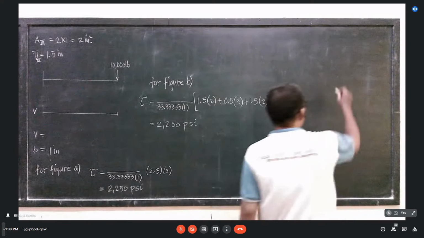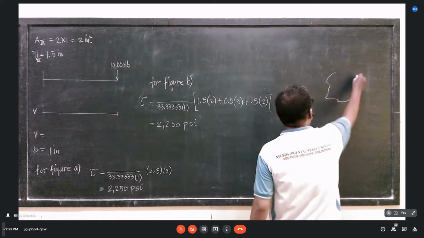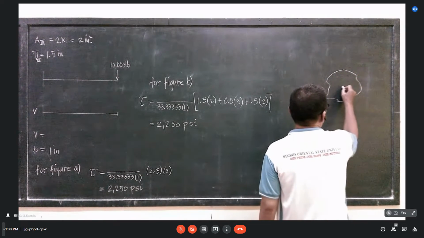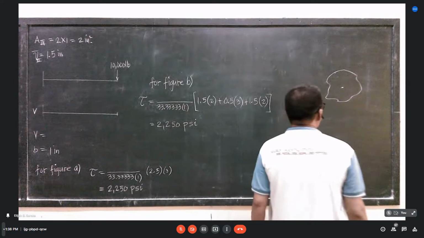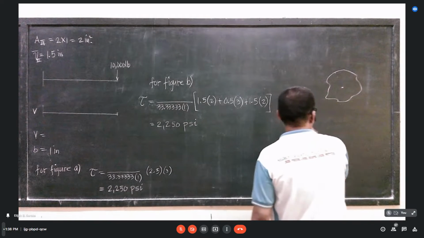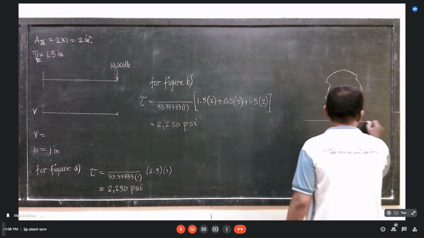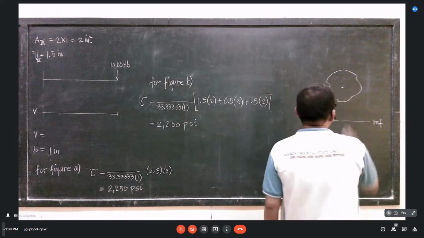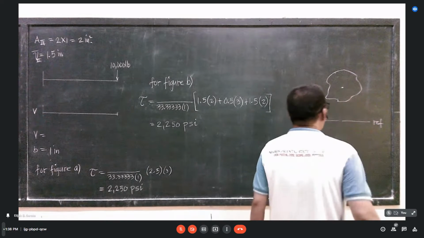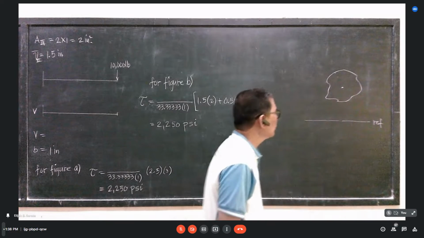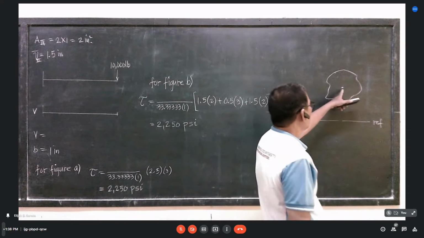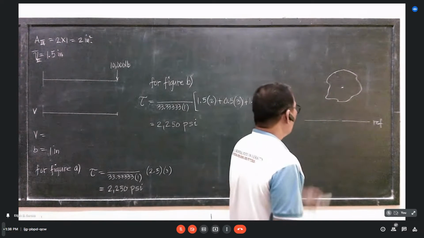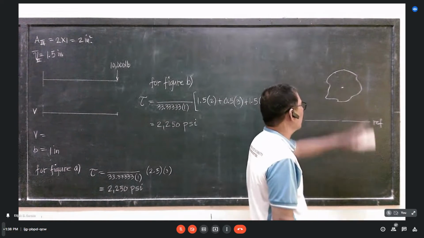Let us say you have an area, and then the center of gravity is here. And then let us say our reference axis is here. This is your reference axis. We are going to locate this. However, we are not sure which part, how central that is.